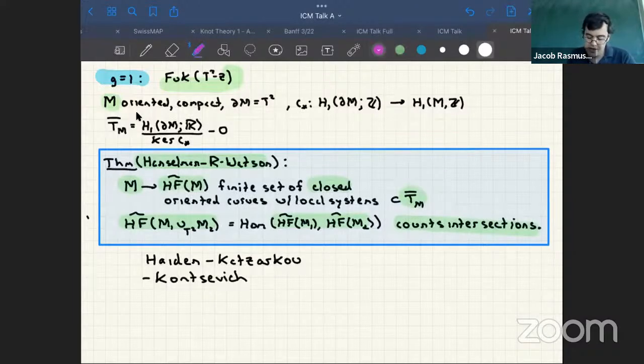Let me mention that the key ingredient in the proof of this statement is a structure theorem for objects in the Fukaya category as they were described by Roux. There's a related structure theorem for objects in Fukaya categories of Riemann surfaces due to Haydn, Katzarkov, and Kontsevich.